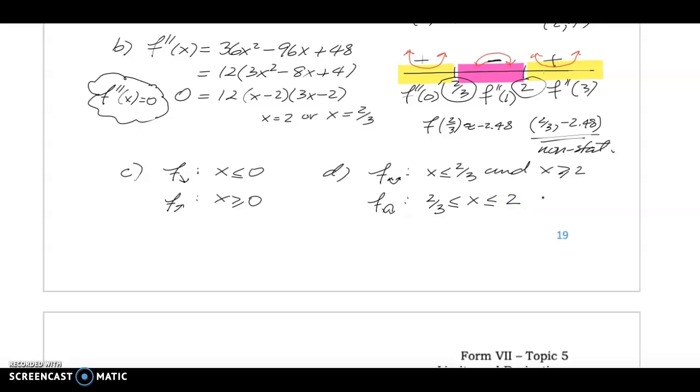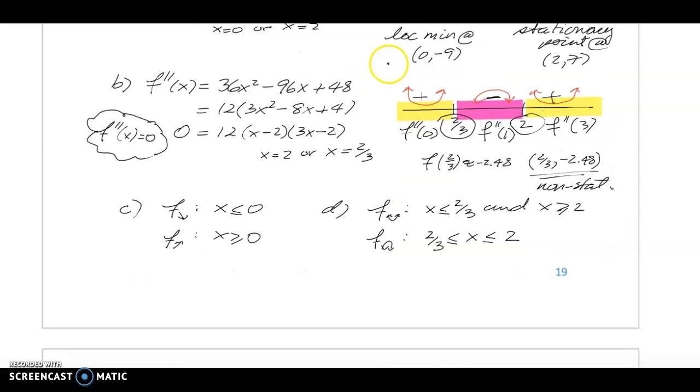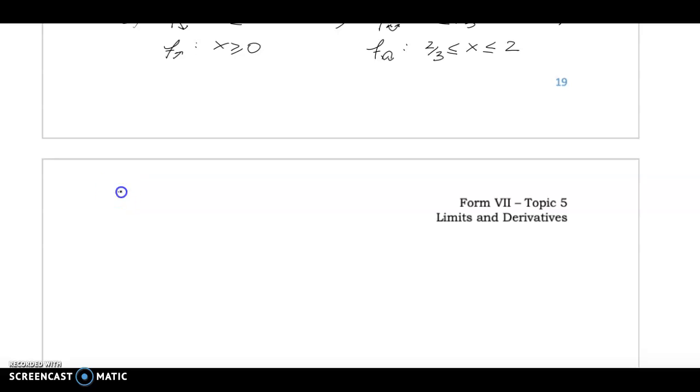Now all that is left is E: sketch the function showing the features that you found. So let's just sketch this. What do we know?